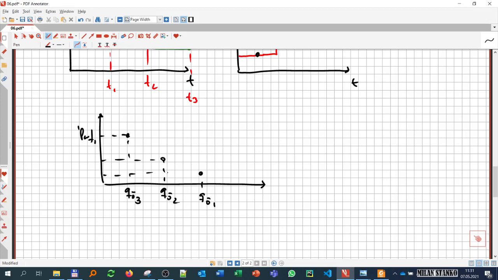Okay, and this is PWF1. This will be 3. Okay, and then you can see that if you can pass a straight line through them, roughly, then that will be your IPR.